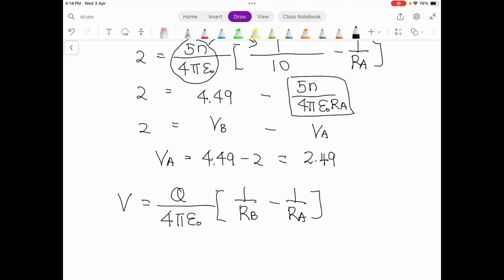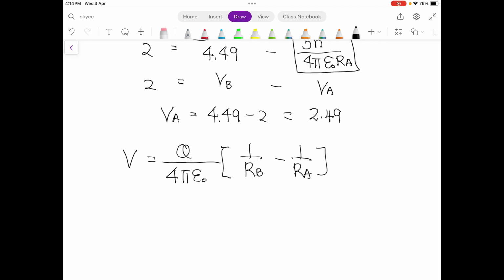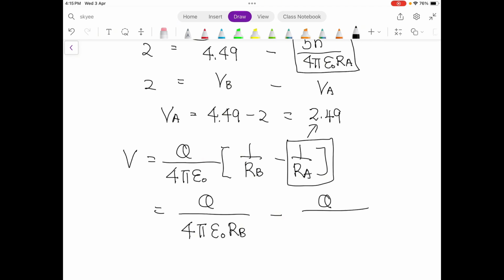If we expand it, this one will be Q over 4 pi epsilon naught RB minus Q over 4 pi epsilon naught RA.